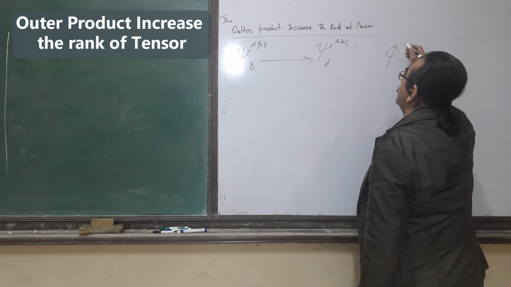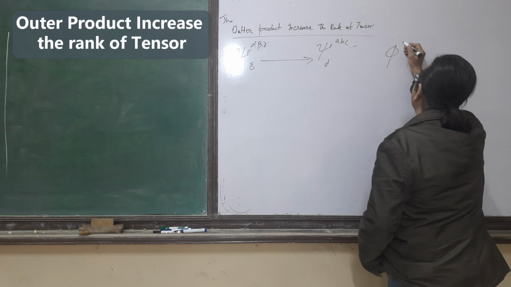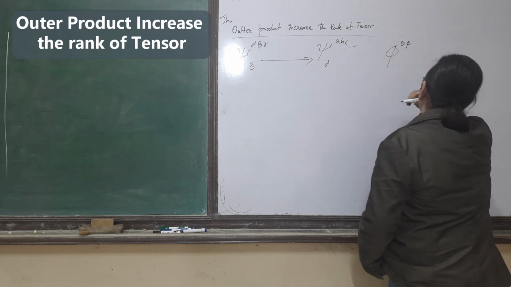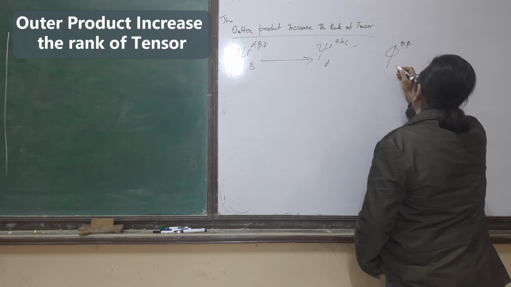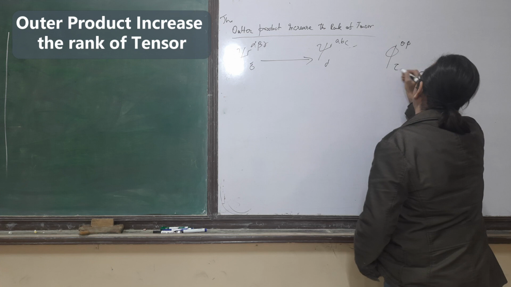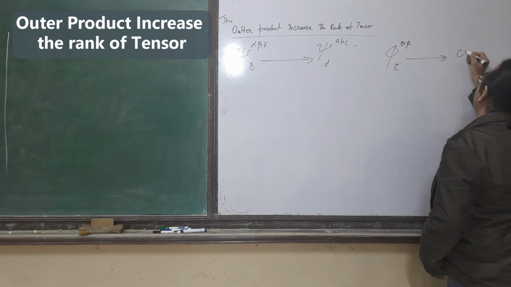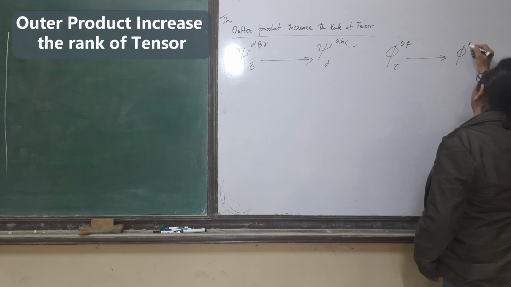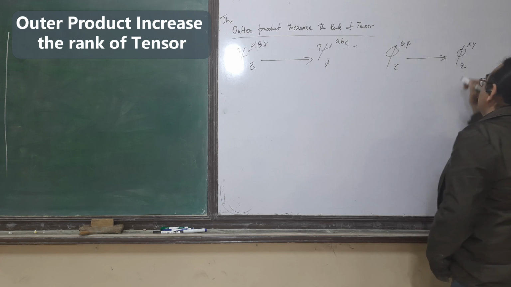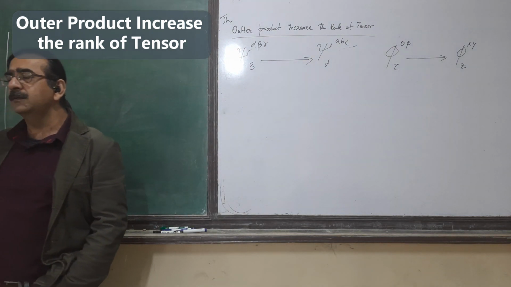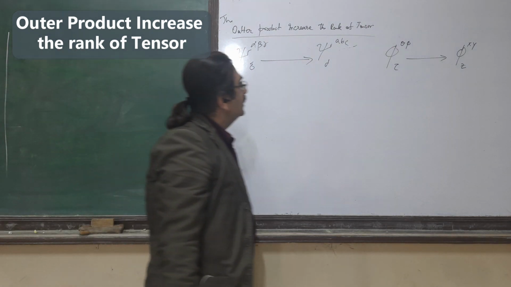And phi, theta, phi. If I say that these move towards, this is the outer product.